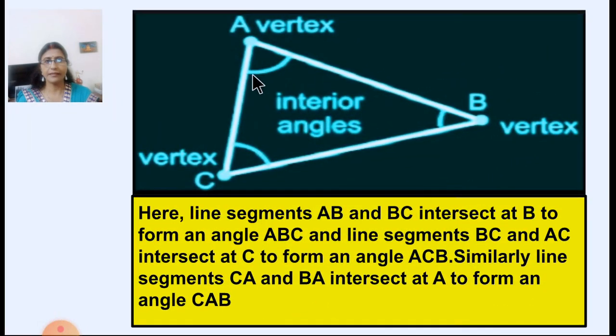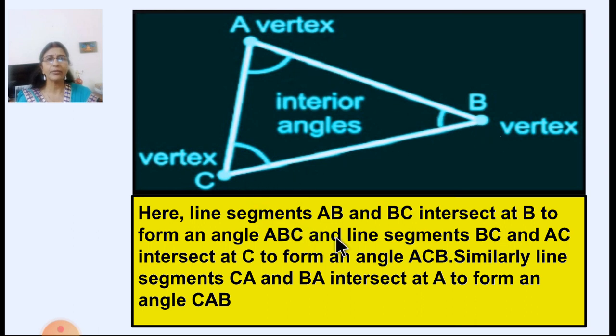Now this is a triangle. You can see a triangle ABC and these are the angles formed inside the triangle. They are called interior angles. Here line segments AB and BC intersect at B to form an angle ABC.